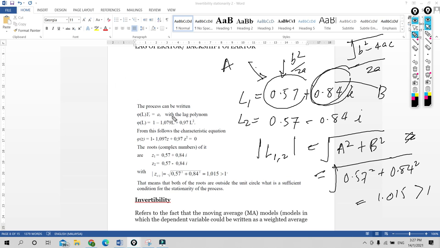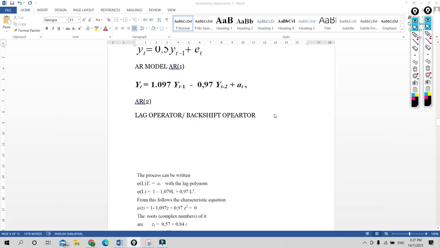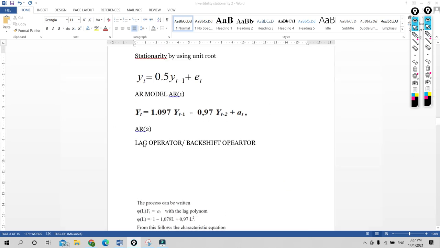So the second function here, this AR2, can be considered as stationary.